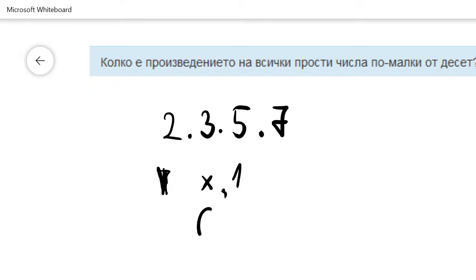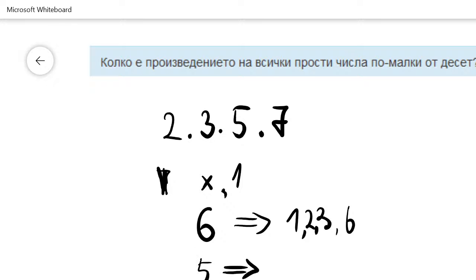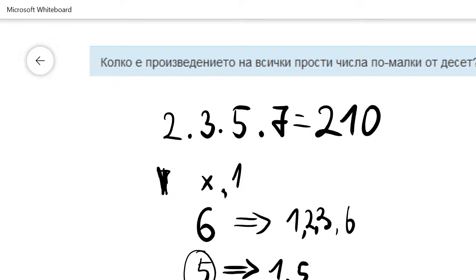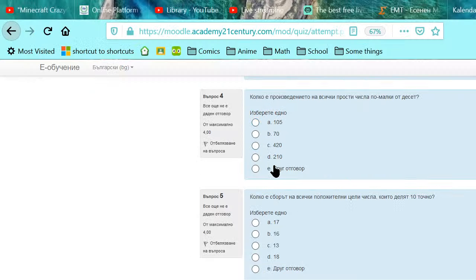I mean, like 6 has divisors 1, 2, 3, and 6, but 5 has just 1 and 5, so 5 is a prime number. I wrote them all, and we can just say it's this.